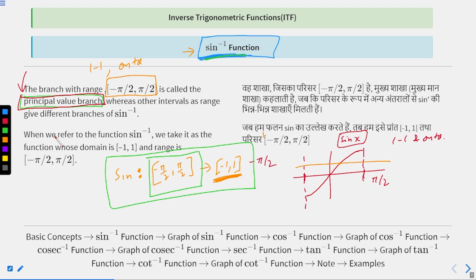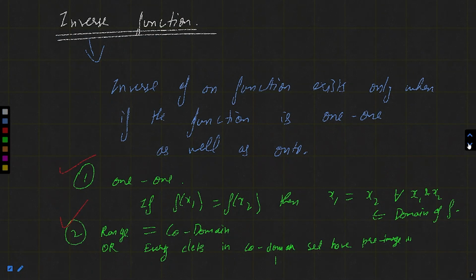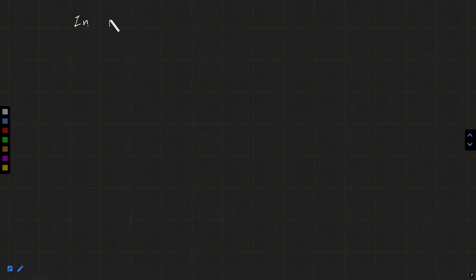So when we refer to the function sine inverse, we take it as the function whose domain is this, as sine function is this. If you recall, in inverse function, if f is defined from A to B, and for inverse we know that f must be 1-1 and onto, then its inverse is defined from where?